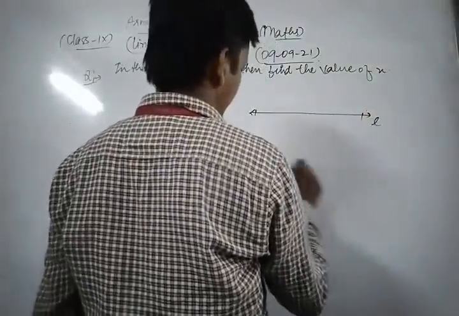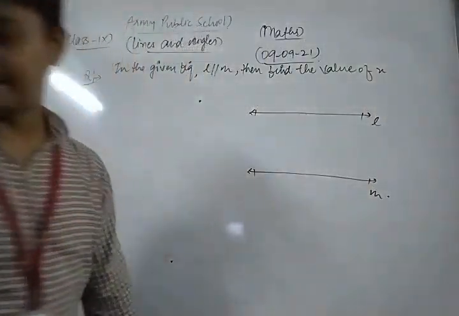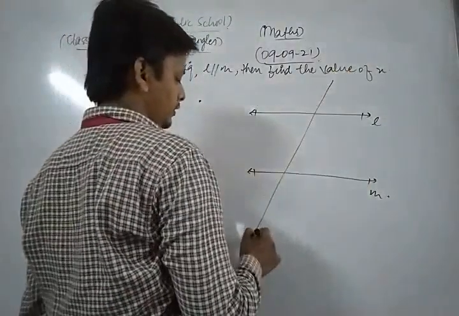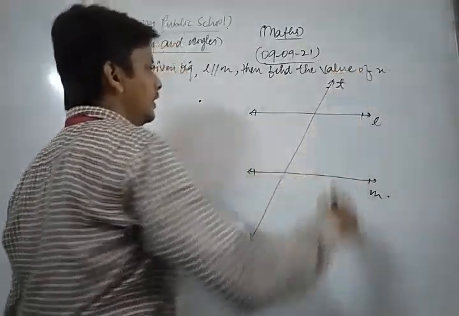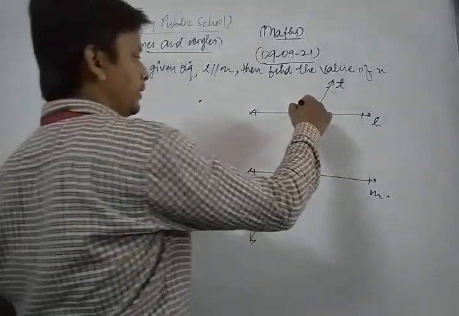This is L, this is M, and they are cut by a transversal T, and the given angles are 3y and 2y plus 25.